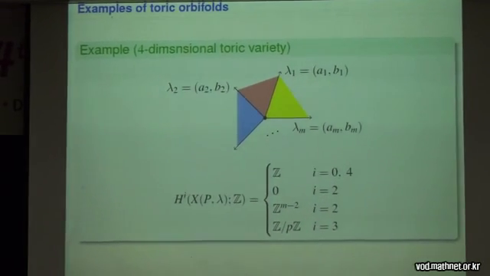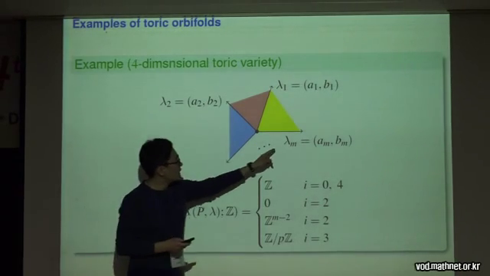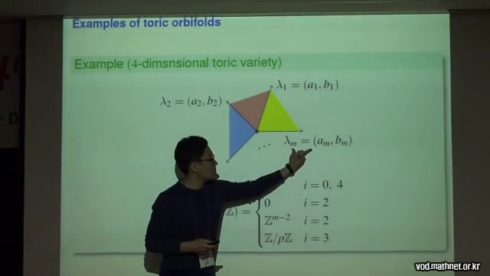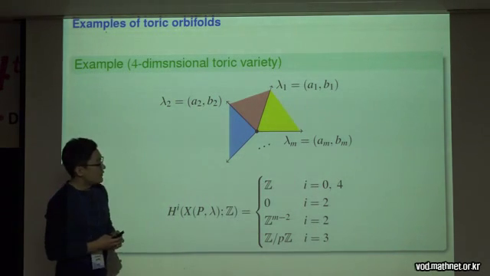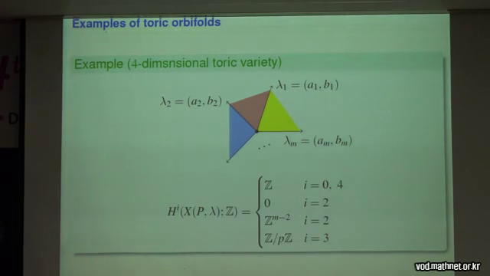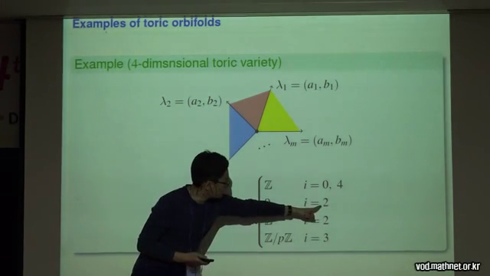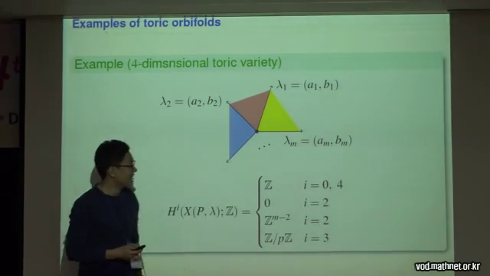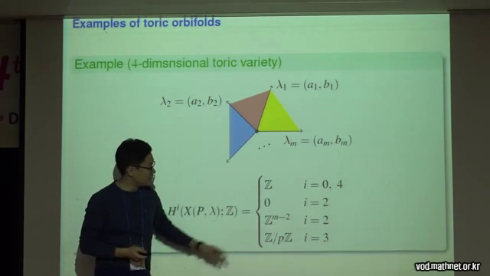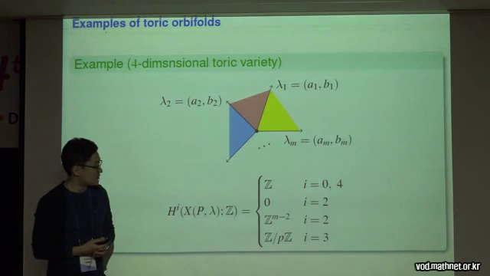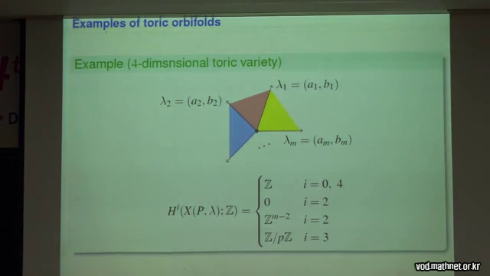This is a 2-dimensional fan, and I put primitive 1-dimensional rays like A1, B1, A2, B2, up to Am, Bm. And then if I compute cohomology, this is degree 1 maybe, I'm sorry. So this is Z in degree 0 and some free part, and they have torsion in degree 3 cohomology.